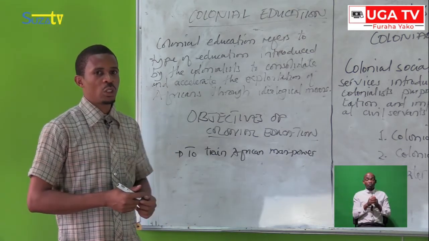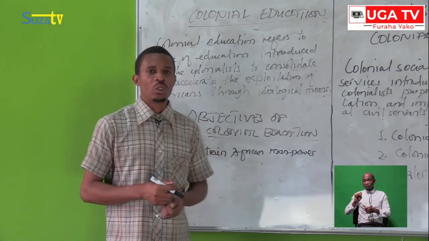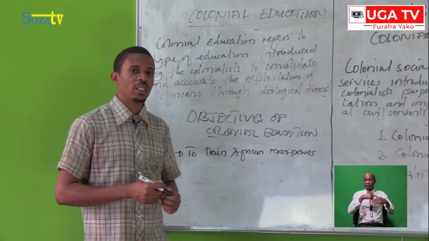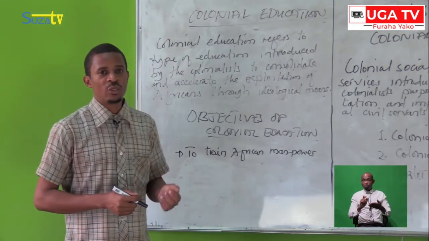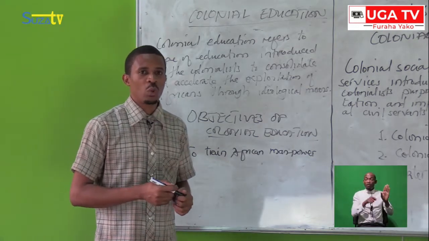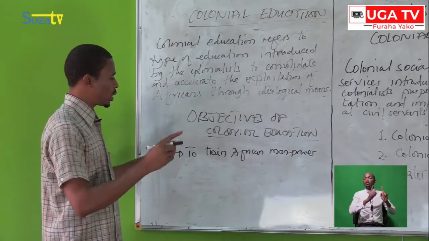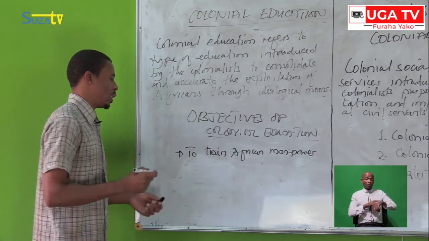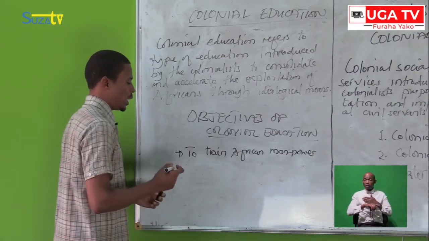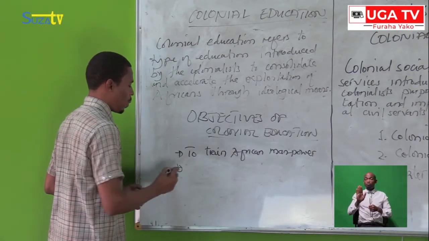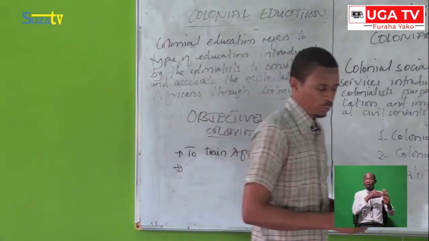There were Africans who worked as messengers or office attendants. Also, there were Africans who worked as primary school teachers. All these Africans worked alongside colonial masters to help the whites in performing their daily activities. So this is one of the objectives of colonial education.